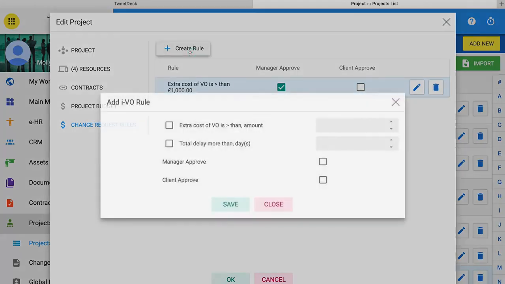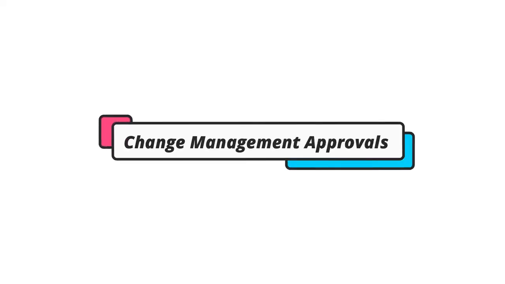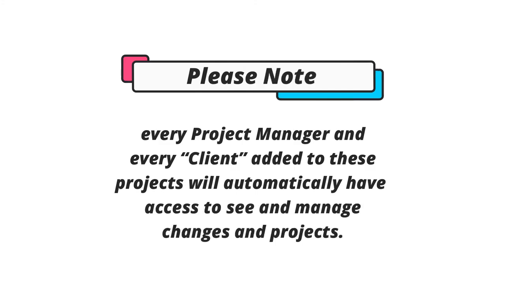For example, when any change is requested for this project, they are expected to be more than £12,000 in cost and could delay the project for more than 5 days. Then this rule says that both the project manager and the client need to expressly approve these changes before work begins.